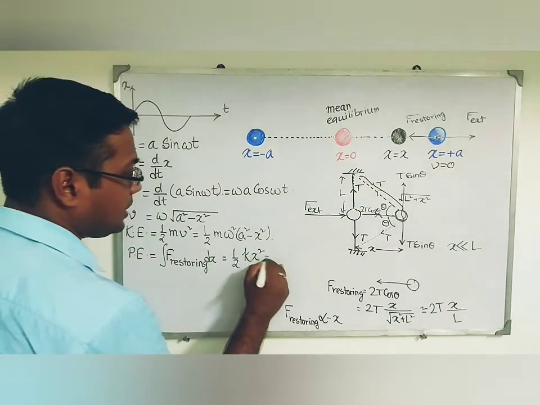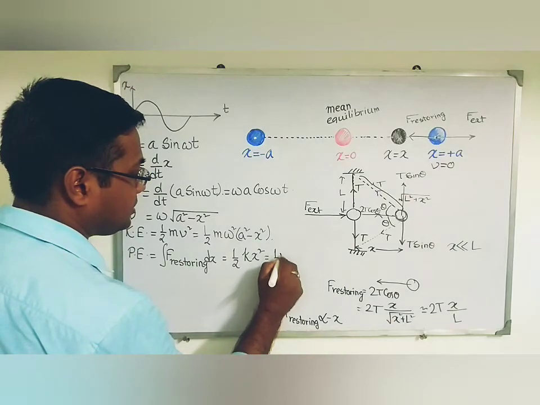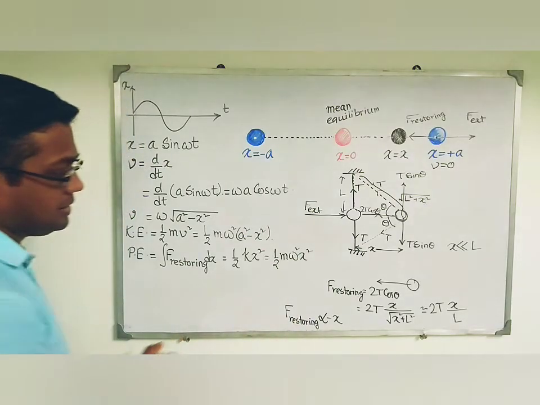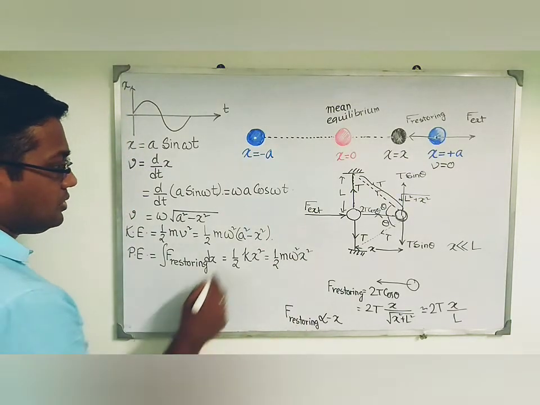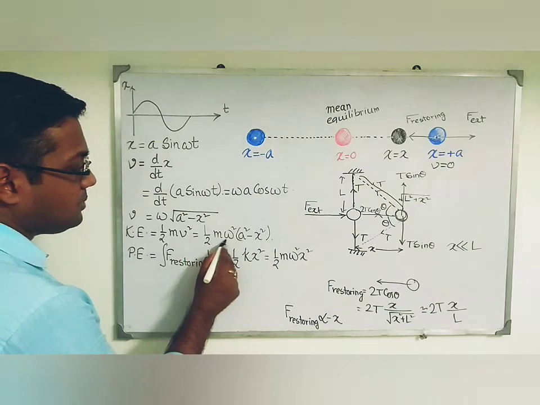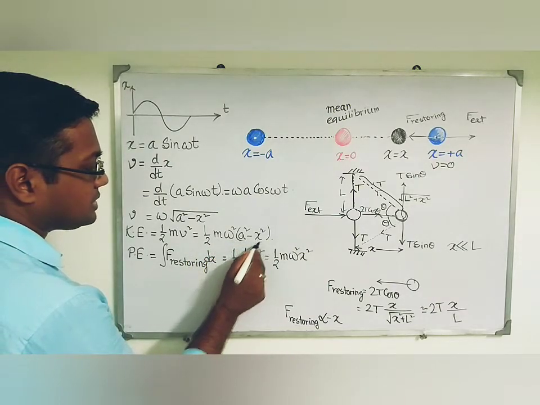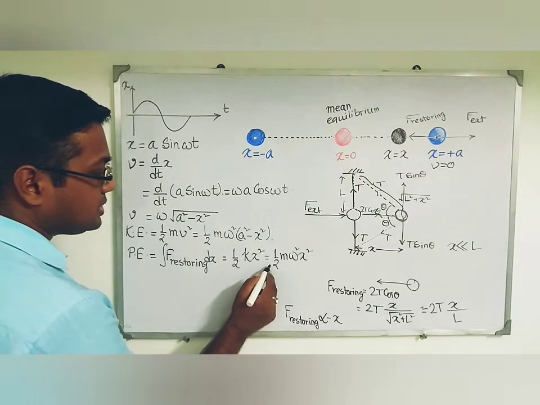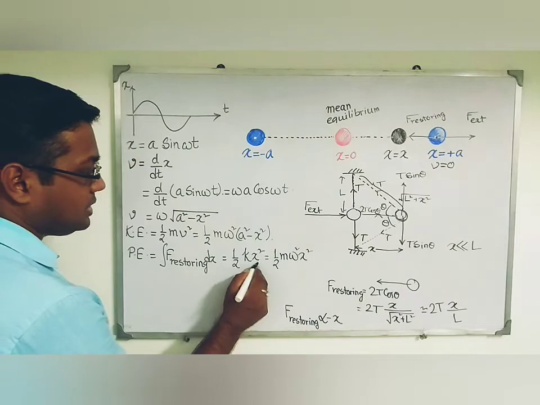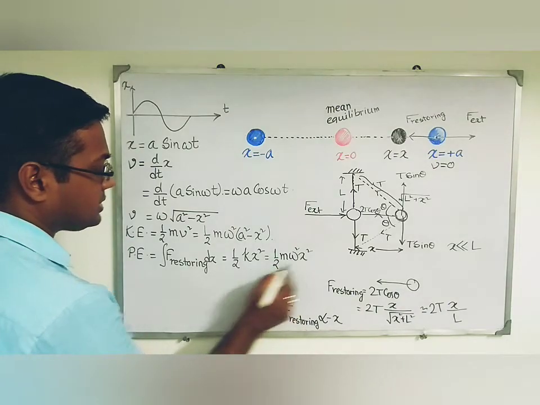And if I put the value of k, then it will be 1 by 2 m omega square x square. So the expression of the kinetic energy is 1 by 2 m omega square into a square minus x square, and the expression of the potential energy is half k x square equal to half m omega square x square.